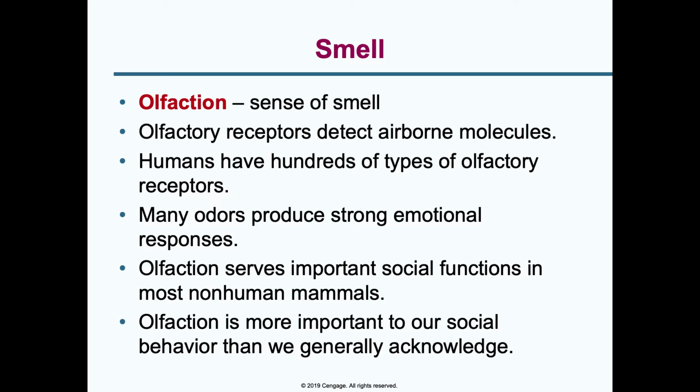Okay, many odors produce what we call strong emotional responses. Okay, but the key is that your response or reaction to an odor really does depend on what you think it is. There's a whole section in the book that describes what people actually are told they are smelling, and then they have different reactions.